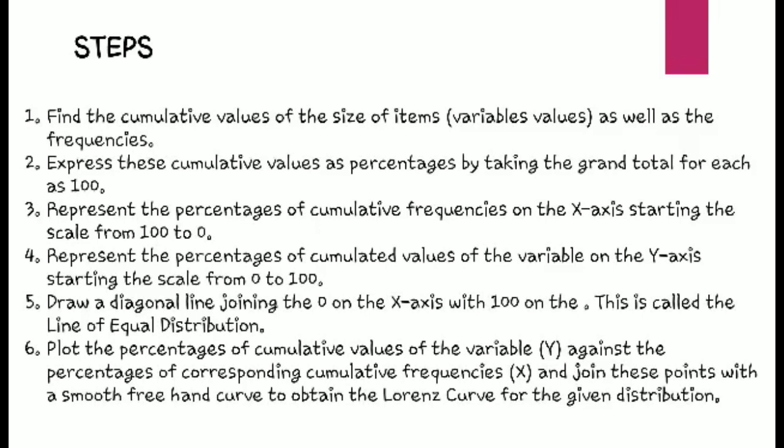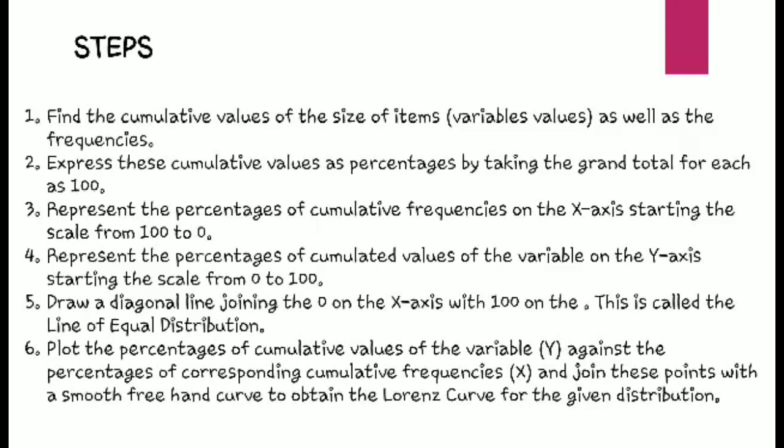Third, represent the percentages of cumulative frequencies on the x-axis, starting the scale from 100 to 0. Fourth, represent the percentage of cumulated values of the variable on the y-axis, starting the scale from 0 to 100. Then, number 5, draw a diagonal line joining the 0 on the x-axis with 100 on the y-axis, and this is called the line of equal distribution.